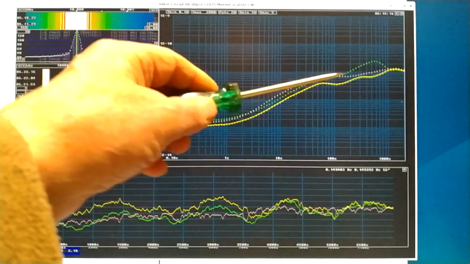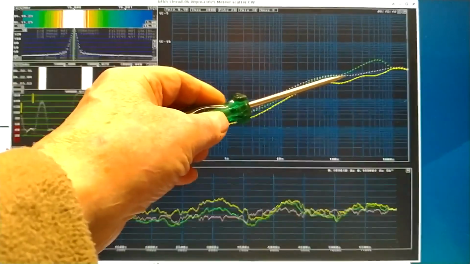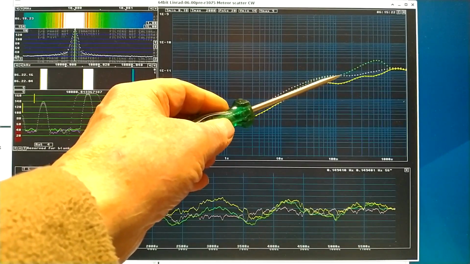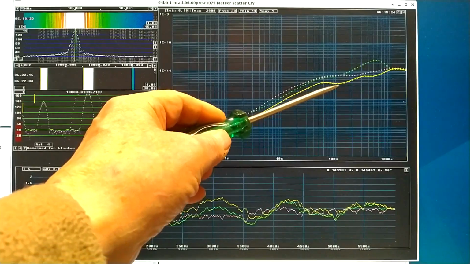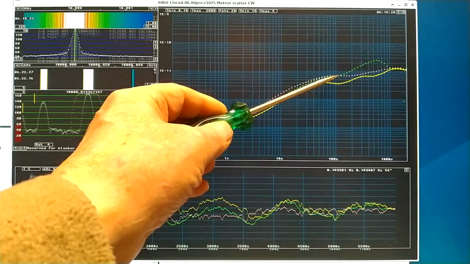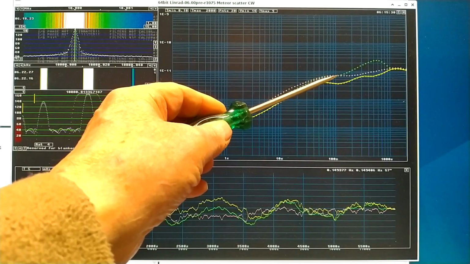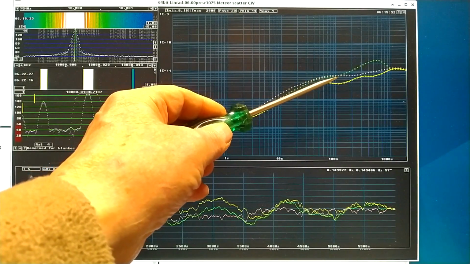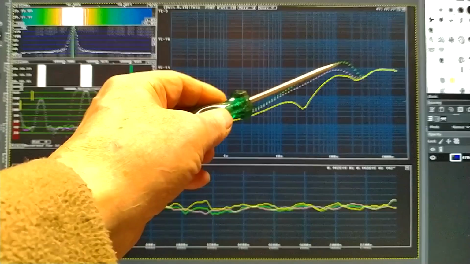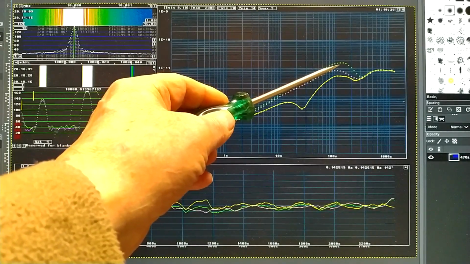You can see at 100 seconds it is now both channels at something like 2, 3, 4, 5, 6, 7 times 10 to minus 12. And here the noise in channel 1 was significantly higher.